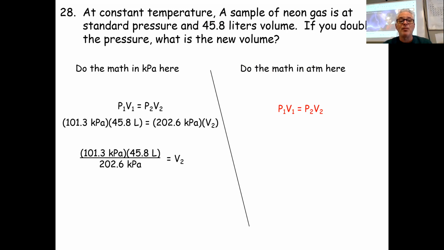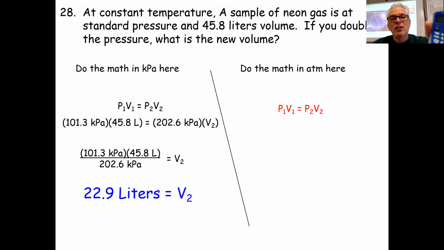So we do 101.3 times 45.8 equals, and I get this big number, like 44,600. And then we divide it by 202.6, and that's going to equal 22.9, and the unit left is liters.